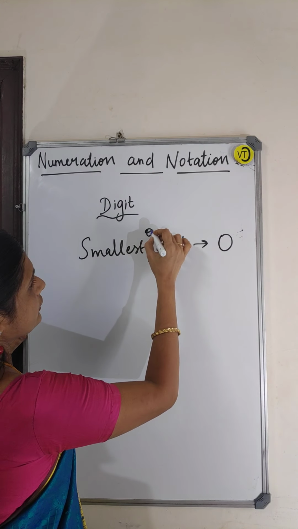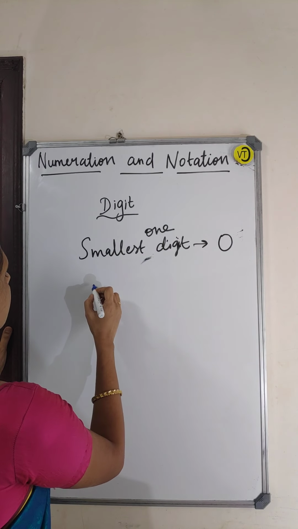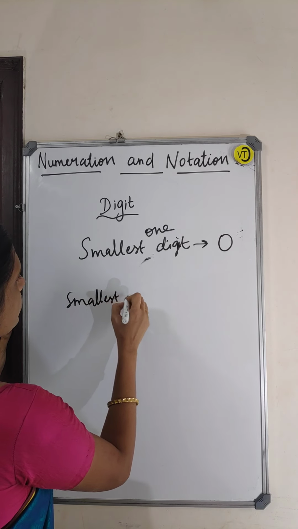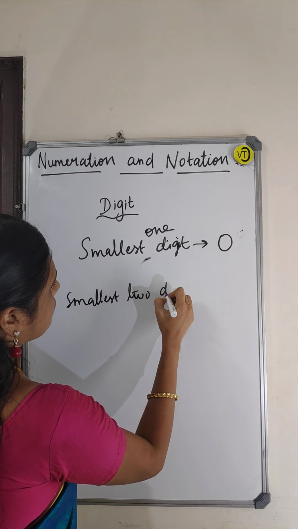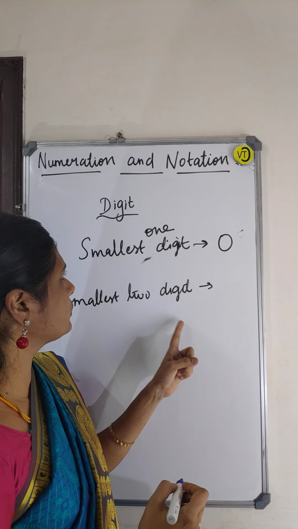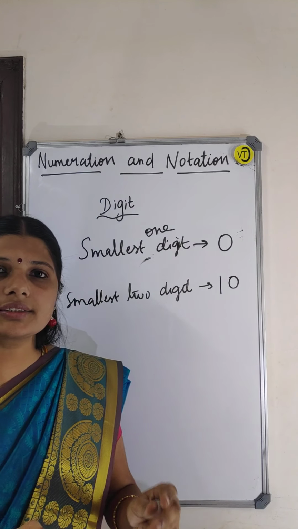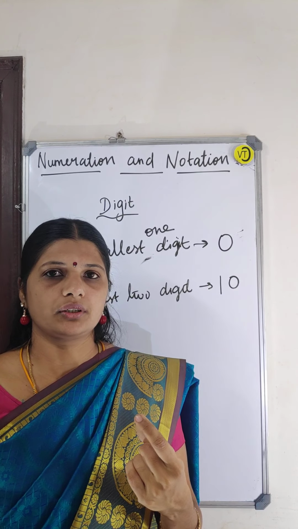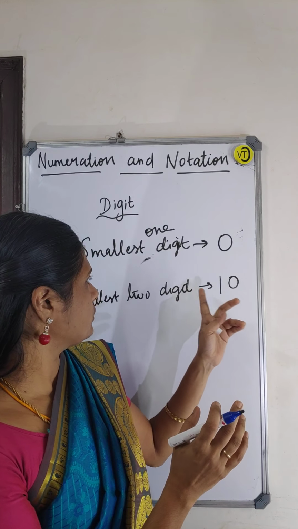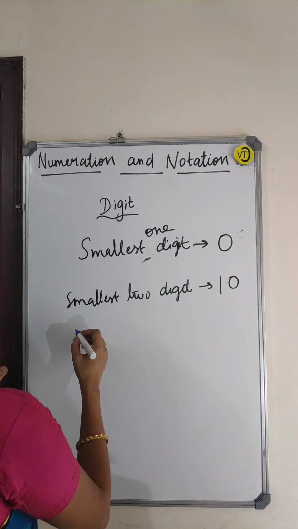And smallest 2 digit. What is this? 10. 10 is the smallest 2 digit. Okay, 11, 12. Before that 10 will come, no? So, smallest 2 digit is what? 10. Okay.